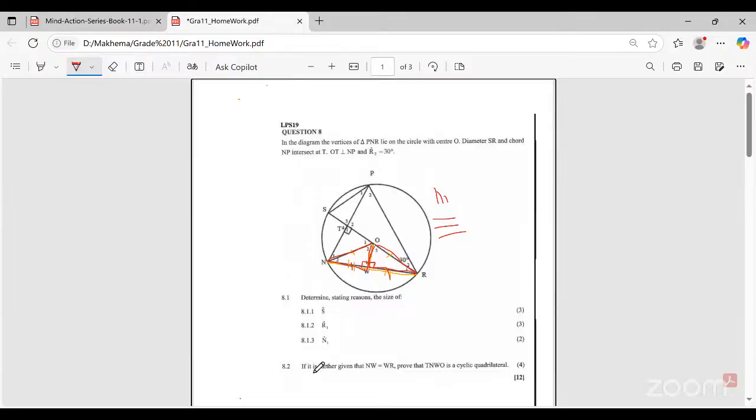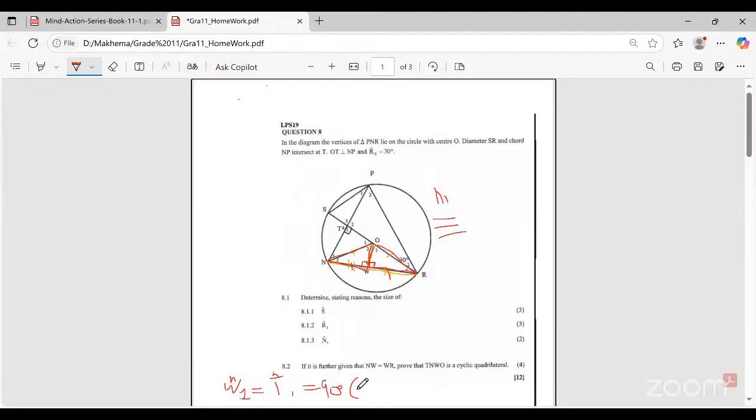We can say W2 is equal to T1, which is an opposite angle of a cyclic quad. You are saying they are both equal to 90 degrees. And then you are saying your reasoning is the exterior angle of a cyclic quad.